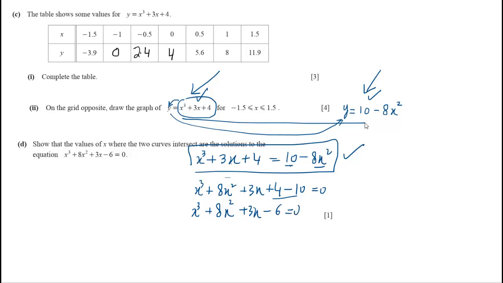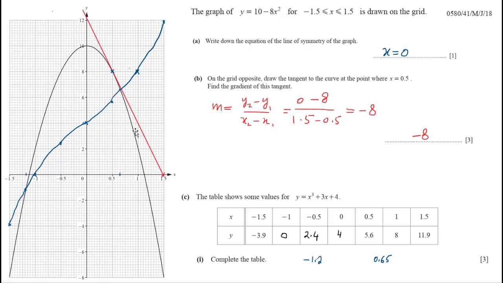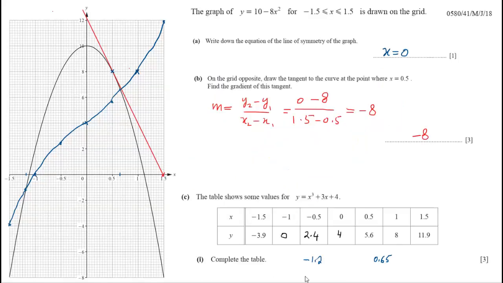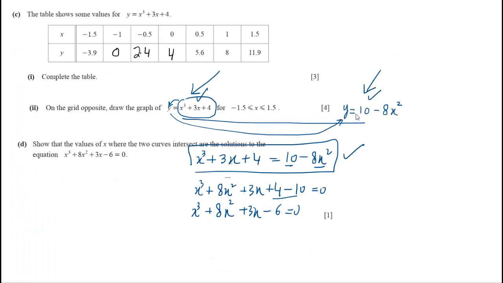So now we can say that the point of intersection is the solution of this black curve and this blue curve, and these two have functions y equal to x cubed plus 3x plus 4 and y equal to 10 minus 8x squared. So these are the solution of these two functions, and we can write them like this.